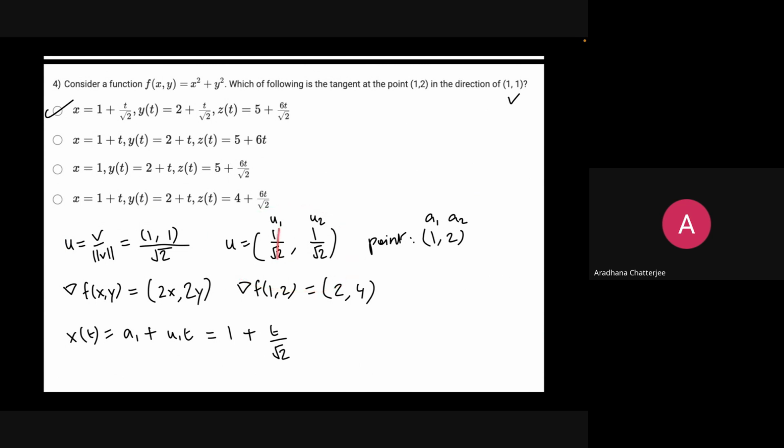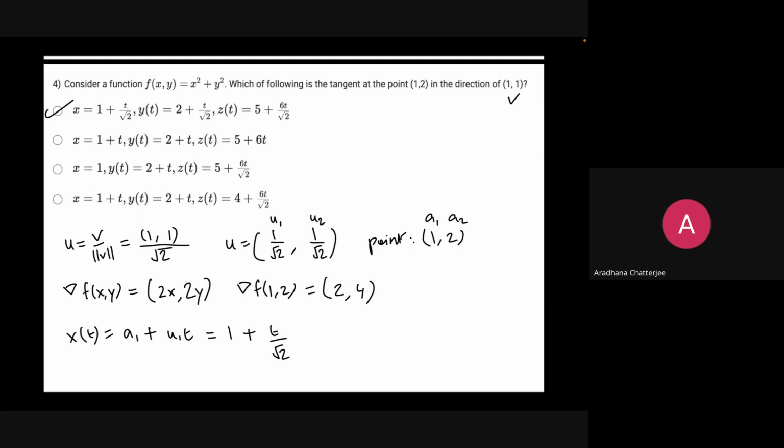So the first coordinate is u1, the second coordinate is u2. Now the point they've given is 1, 2. So the first coordinate is a1, the second coordinate is a2. This is in xy. If you have more elements, then you would have a3 if this was xyz, etc. So parametric equations generally you will have for xyz only.